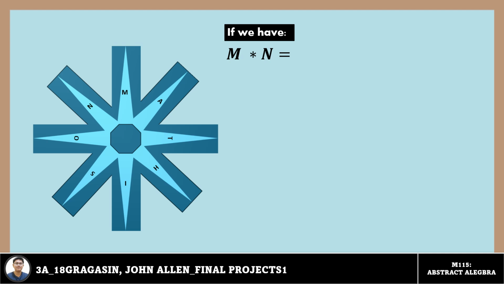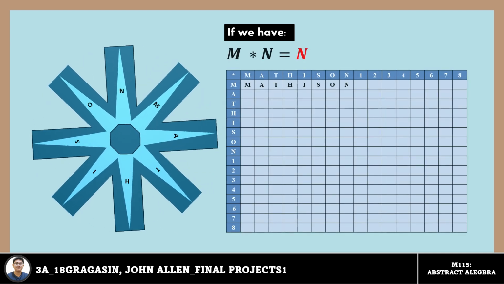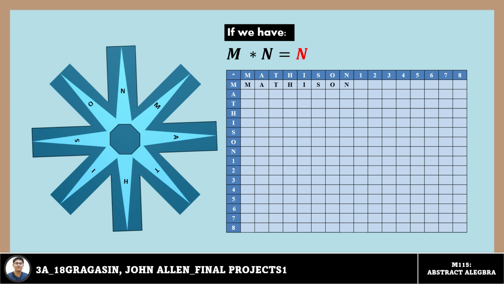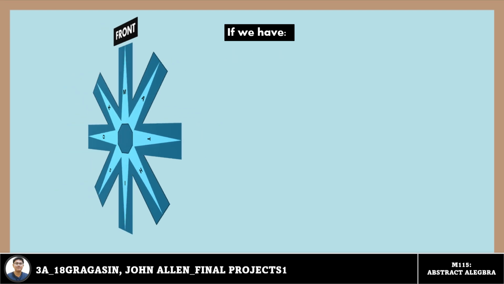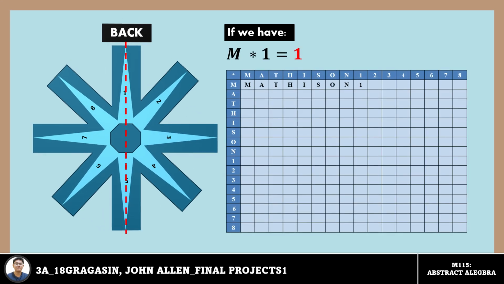Our answer would be N. Next, if we have M star 1 or do nothing, then we flip it vertically. Our answer would be letter or number 1 or element 1.